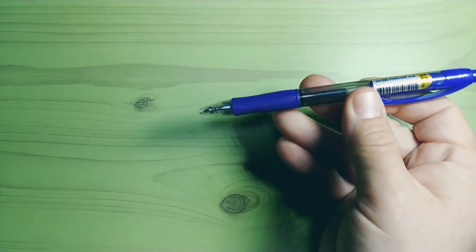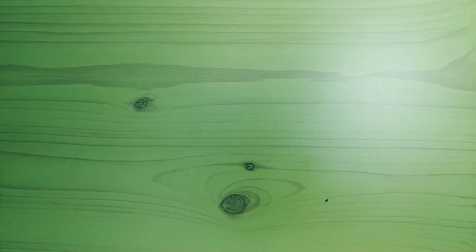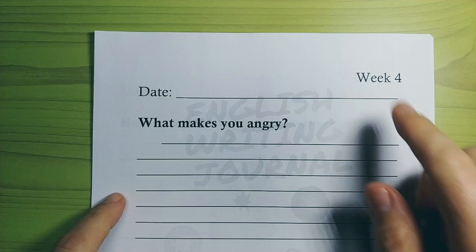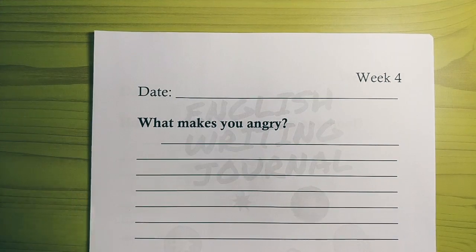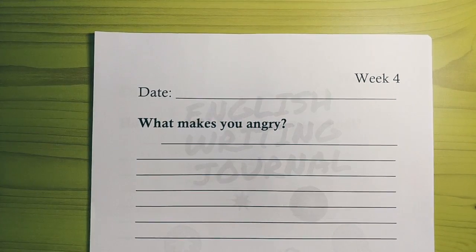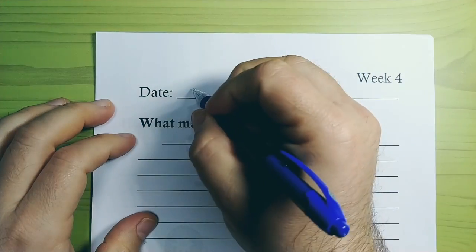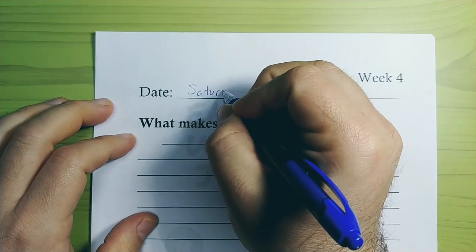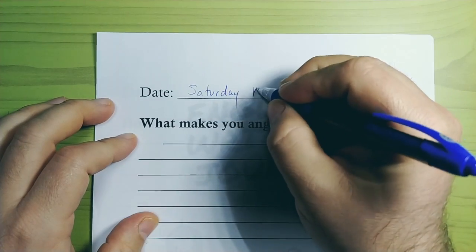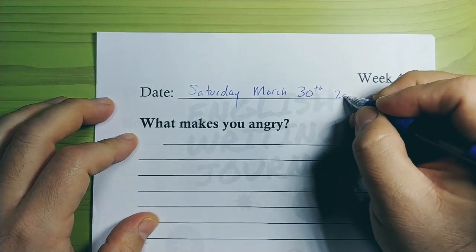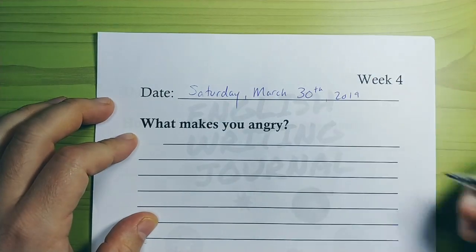So, I've got my blue pen, and here is our week 4 topic. Now, what is the date today? It is Saturday, March 30th, 2019.